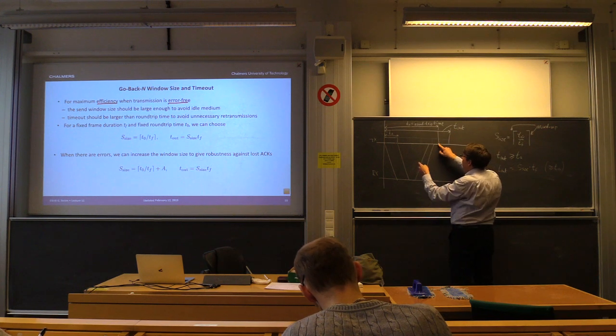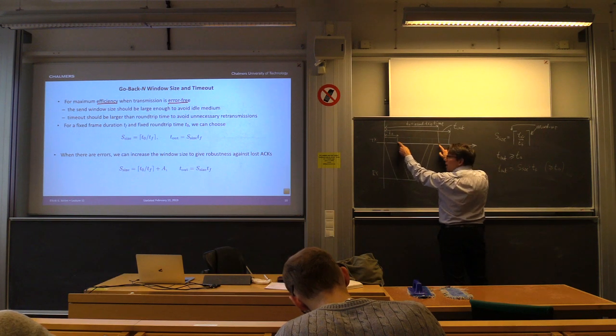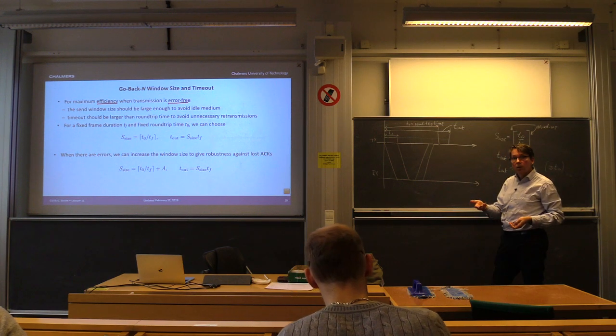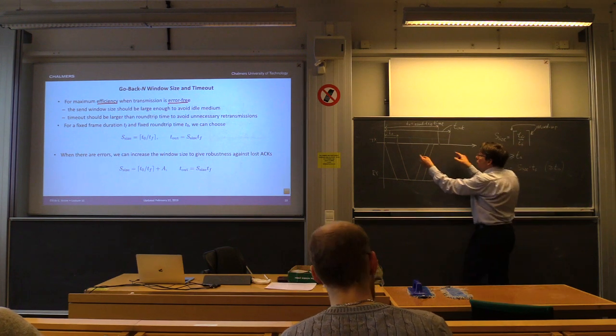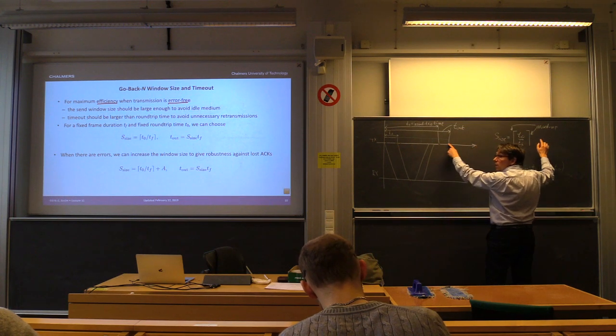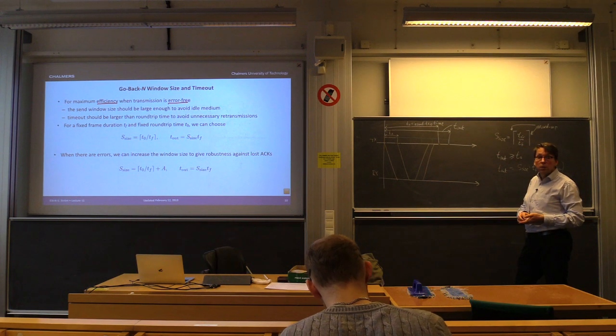Okay? And if it's processed correctly here, the window would slide, at this point in time it would slide to forget about this, and then the timer, when we slide, will be reset. Okay? It will be reset actually starting from this time, and then there will be another timeout. Okay? So it's just the way the protocol works in this case.